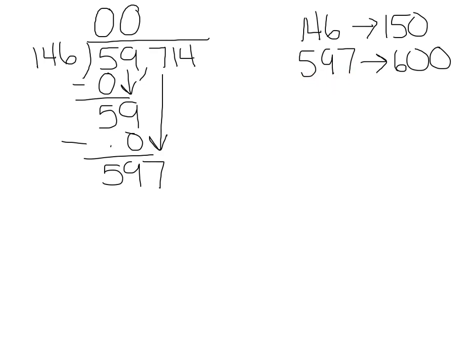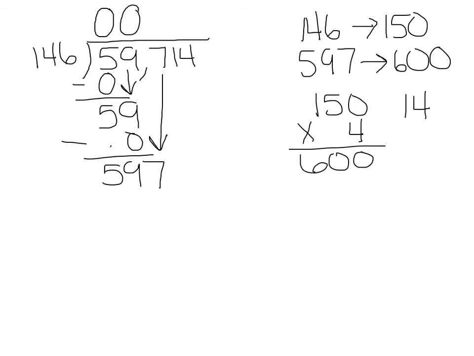So 150 plus 150 is 300. So 150 times 2 is 300. And then if I double that, I would get 600. So 150 times 4 would give us 600. So we're going to assume that 146 goes into 597 4 times.